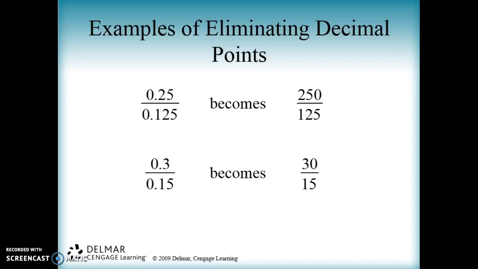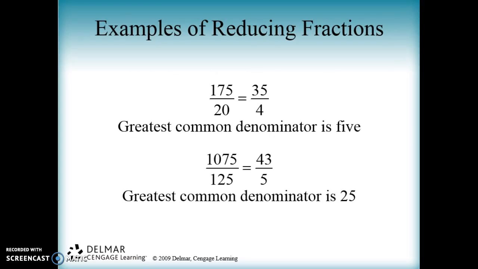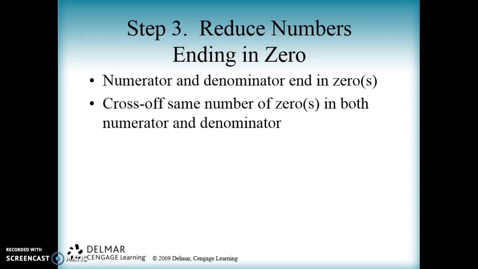But they also throw in, what if you need to reduce? They show how to reduce by dividing both top and bottom by their greatest common denominator. They show you a little bit about how to do that, with some examples. Again, what do you do if there are zeros on the end? You can just cross those off.